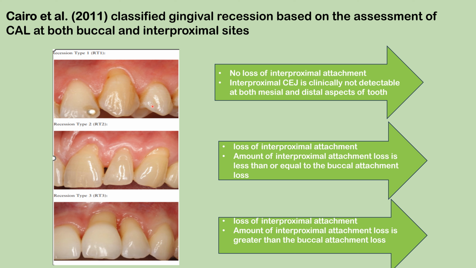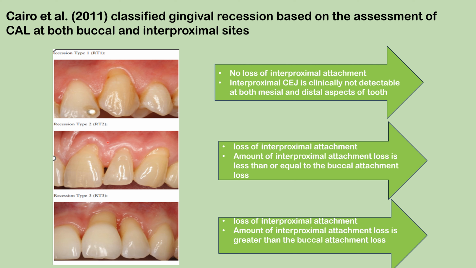Cairo et al. in 2011 classified gingival recession based on the assessment of clinical attachment loss at both buccal and interproximal sites. RT1, that is recession type 1: in this there is no loss of interproximal attachment. Interproximal cemento-enamel junction is clinically not detectable at both mesial and distal aspects of teeth.